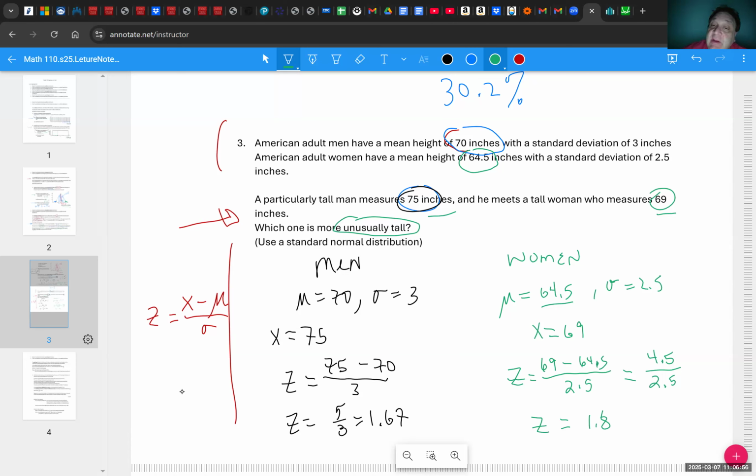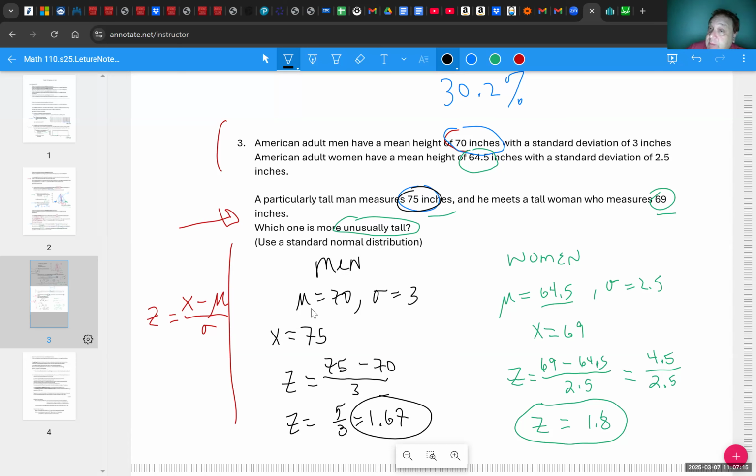Well, the woman is farther away from the average woman than the man is from the average man. I know that because the woman is 1.8 standard deviations above the mean, and the guy is only 1.67 standard deviations above the mean.